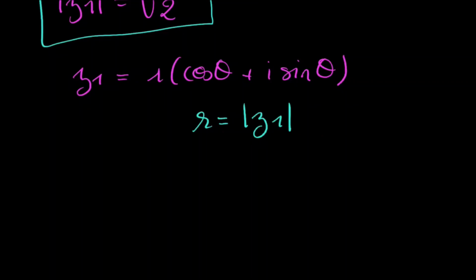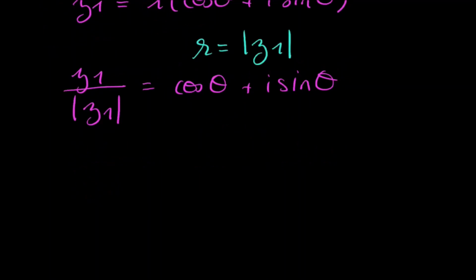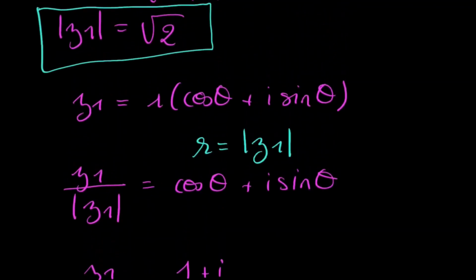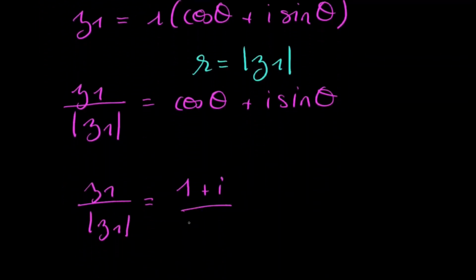So if we divide Z1 by the modulus of Z1, we have cos theta plus i sin theta. Now we can calculate Z1 divided by the modulus of Z1 because we know Z1, it's 1 plus i, and we know the modulus of Z1, it's the square root of 2.